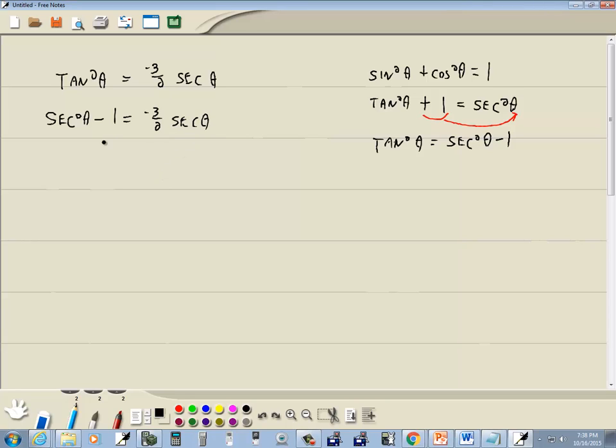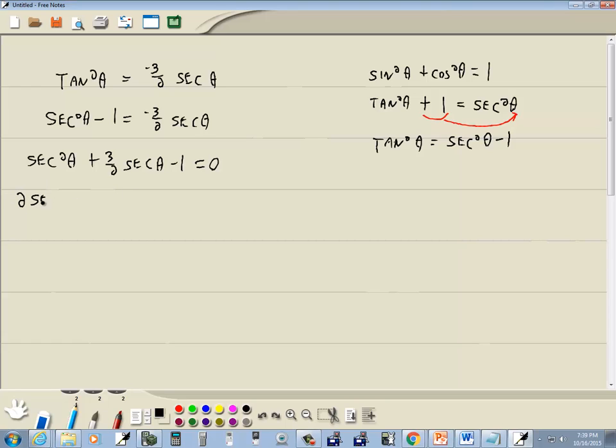Now I'm going to move that over. So we're going to have secant squared theta plus 3/2 secant theta minus 1 equal to 0. Now that would be kind of hard to factor, but let's get rid of the fraction and see what we have. So I'm going to multiply everything by 2.